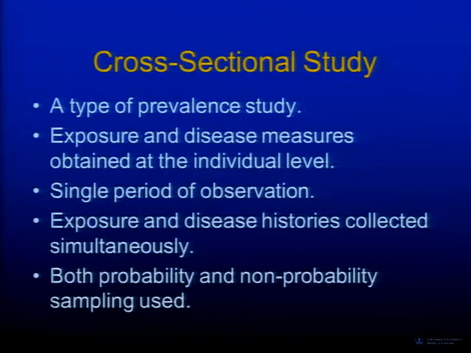So something like NHANES will go out and try and make sure that all ethnic groups are represented in their study. And so there's not an equal probability for, say, a Caucasian person to get in the study as a Hispanic person, because they want to make sure that the Hispanic people are included. So you can have different ways, and NHANES is one of the largest cross-sectional studies that you'll come across.